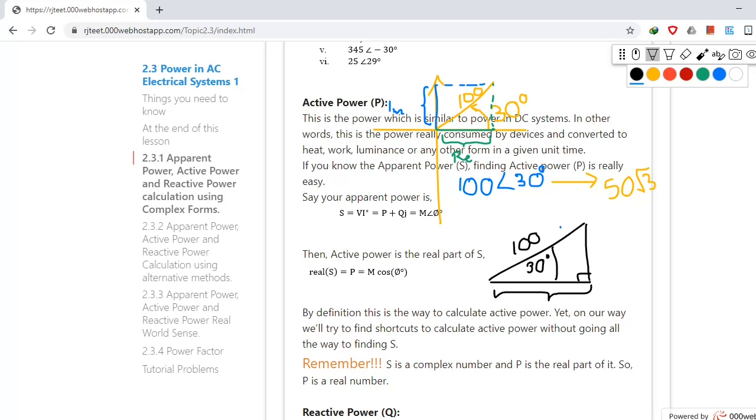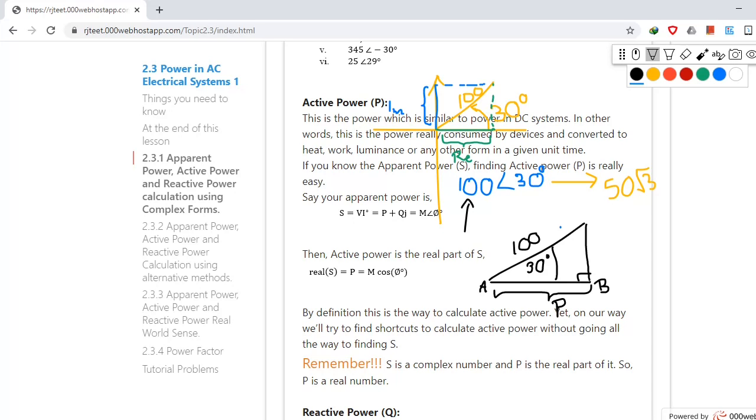I think this is simply ordinary level knowledge, and you can calculate this using the cosine of the angle times 100. Then this value is going to be the active power for this considered case. If the apparent power was this much, the active power would be the length of this leg AB of this triangle, right?